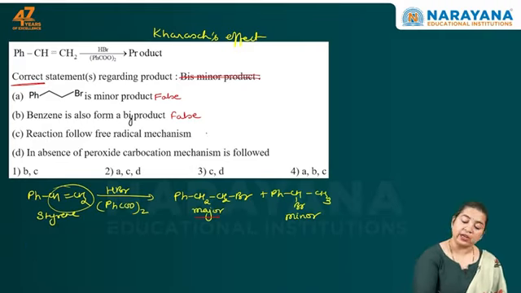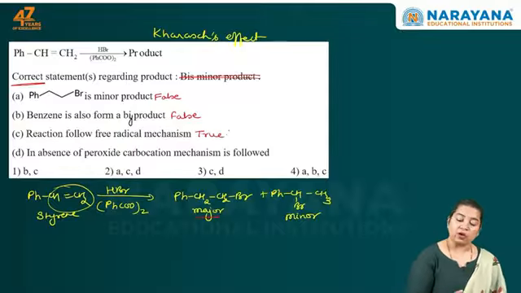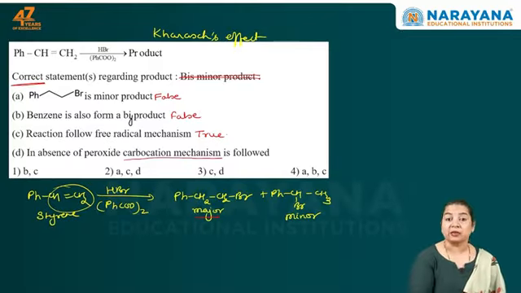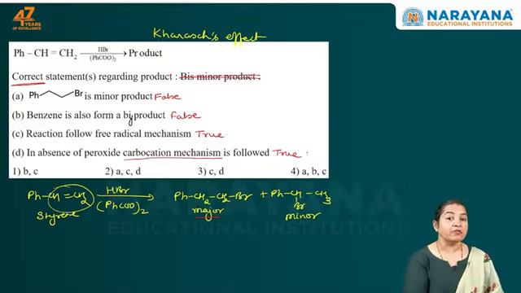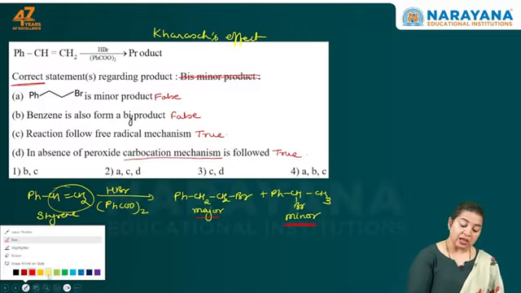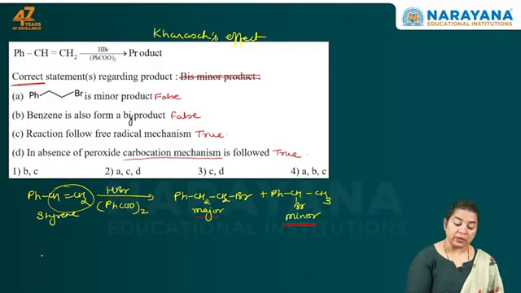The reaction follows a free radical mechanism, yes, because the peroxide effect follows a free radical addition mechanism. If peroxide was absent, then what happens? Then the carbocation mechanism is followed. Certainly, that is also true. Then we have Markovnikov addition of HBr, and the one which we are referring to here as minor will under those conditions become major.